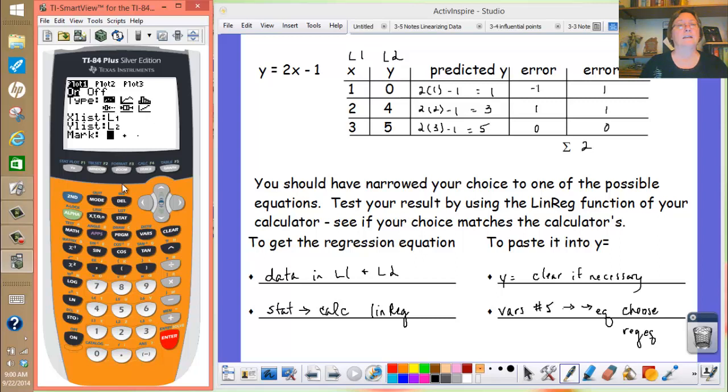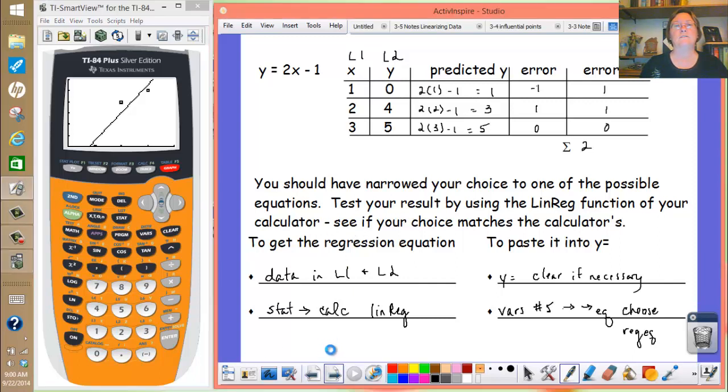I can set the window that I had in my previous graph, or I could ask the calculator to do a zoom fit, but I had an x going from 0 to 4. We had to get past 3, as I recall. Y's went from 0 to 6. Again, we had to get higher than 5. And I'm going to go ahead and hit graph now. And there's the scatter plot with the regression line. See, very nice. That lin-reg is a wonderful tool.